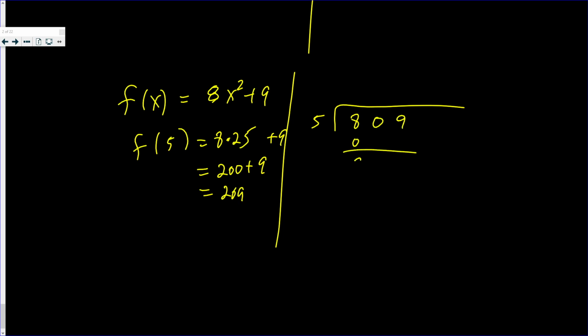Bring down the 8, multiply, add, multiply, and then add. That is f of 5. It's a new way of doing polynomial function evaluation. Pretty neat. Okay, that completes the section on long and synthetic division.